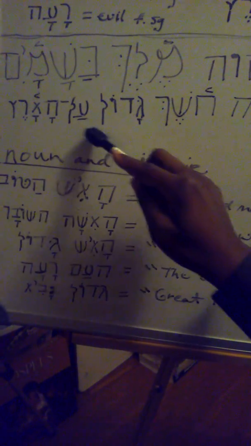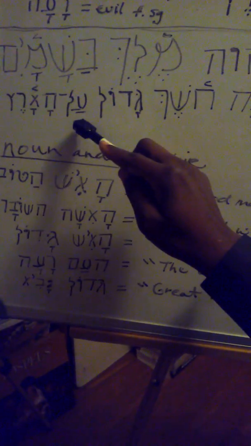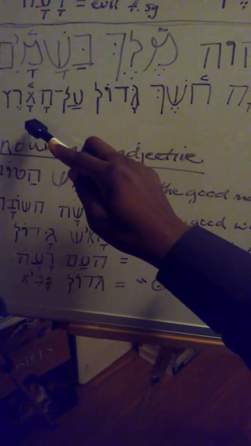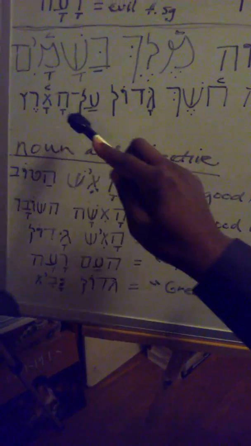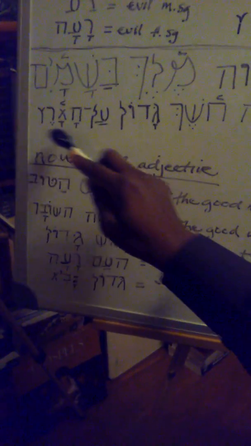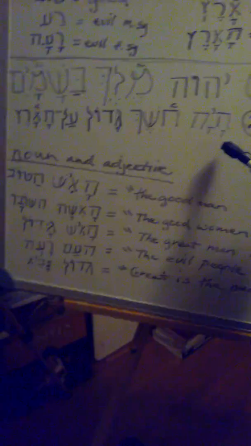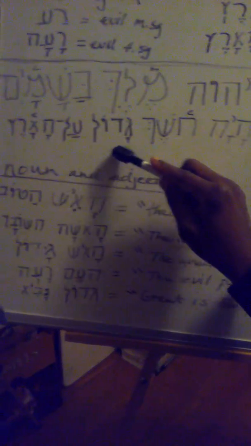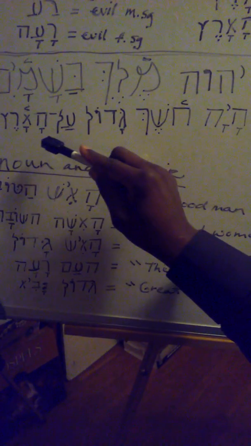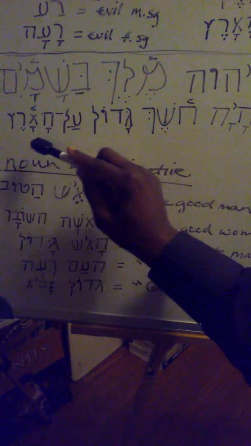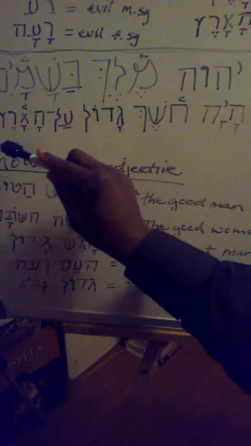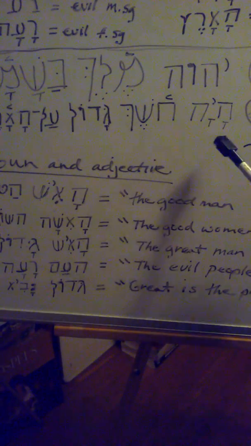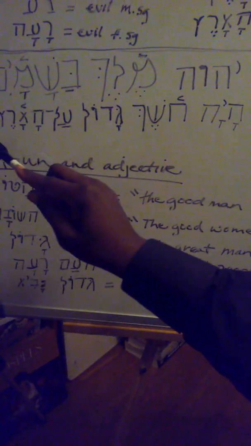Al, another one of your vocabulary words, upon. Ha-Arets, the earth. So it is Haya, Hoshek, Gadol, Al, Ha-Arets. So again, that is great darkness was upon the earth.